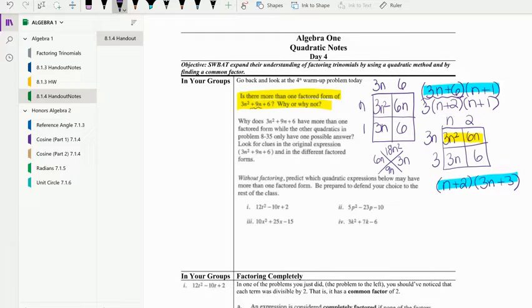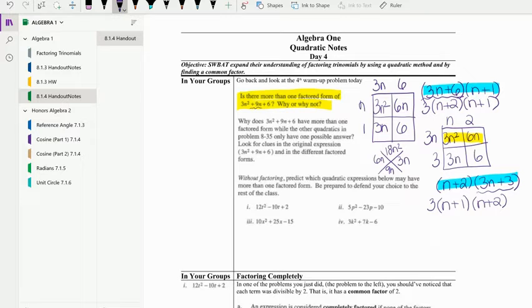Looking at this one, I can't factor out anything from n plus 2, but I could from there. If I factor out a 3, I would get n plus 1, and then I would still have n plus 2. So what we're seeing is that if you don't factor out your GCF right away, you will get answers that aren't simplified. So whenever you have a GCF, your first step should be to factor out that GCF.